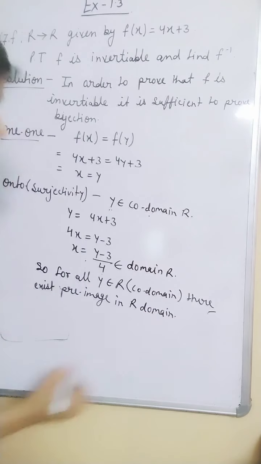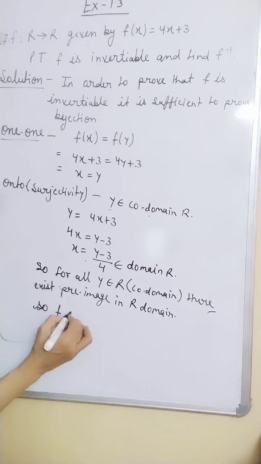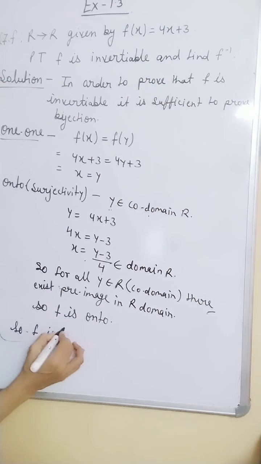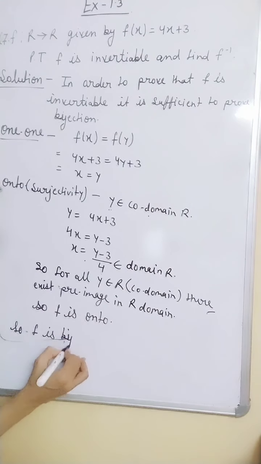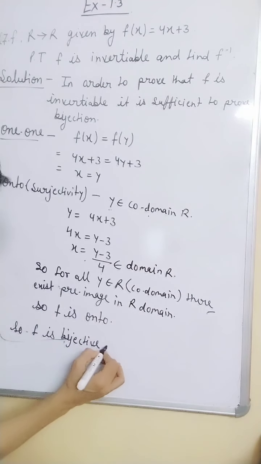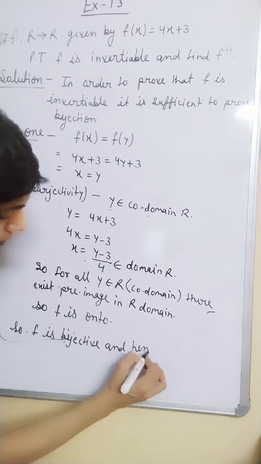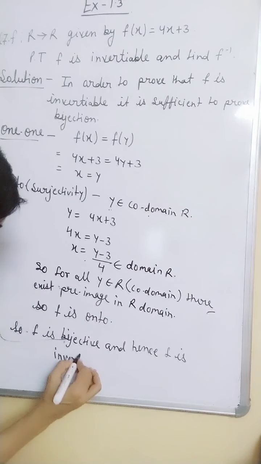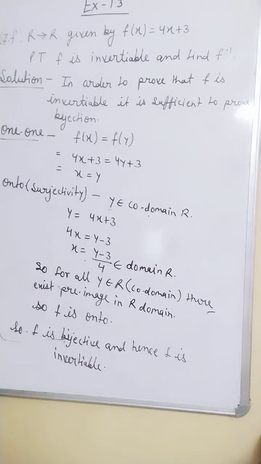So this function is onto. So f is onto, right? And if f is 1-1 and onto both, it means f is bijective, and hence f is invertible. Clear? So this is the proof that f is invertible, right?